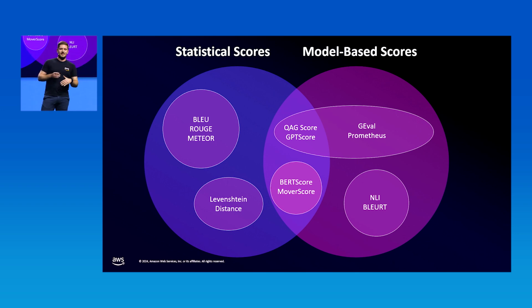But obviously there is a downside to this, because if you're just using statistical methods here, we will have a shortcoming, which is that we won't take any semantics into account. So statistical scores are very bad in, for example, judging reasoning tasks. And this is why we have the second group, which are model-based scores. And these scores basically rely on natural language processing algorithms, like LLMs.